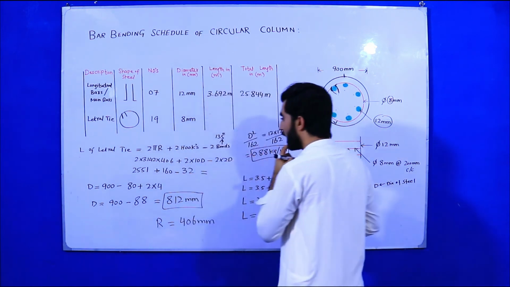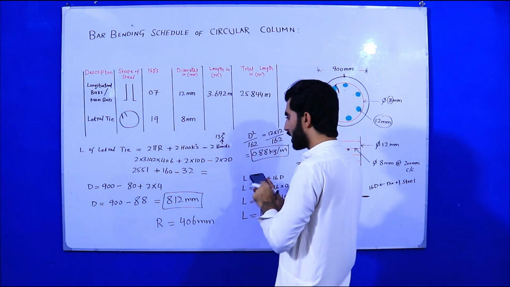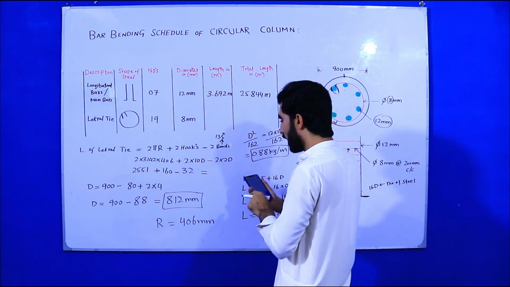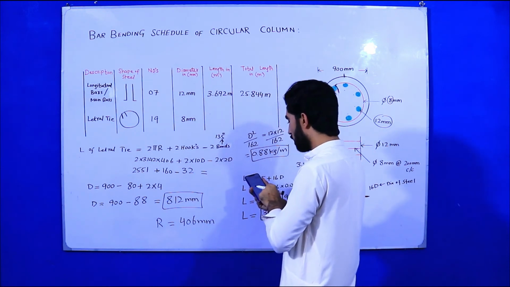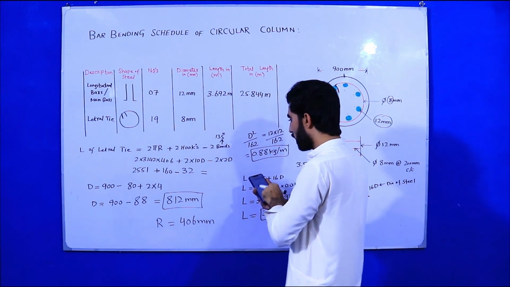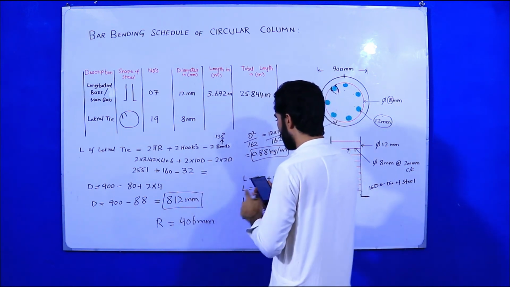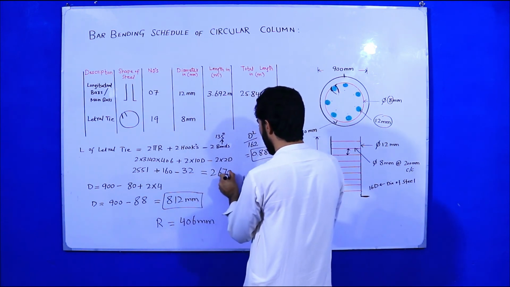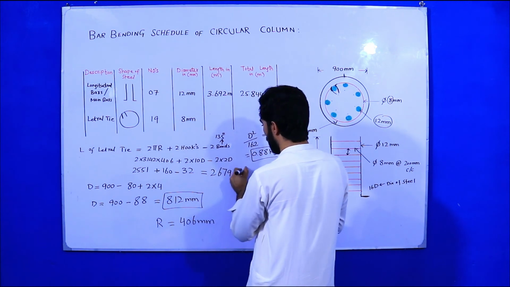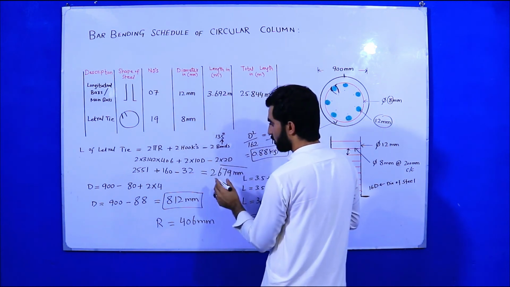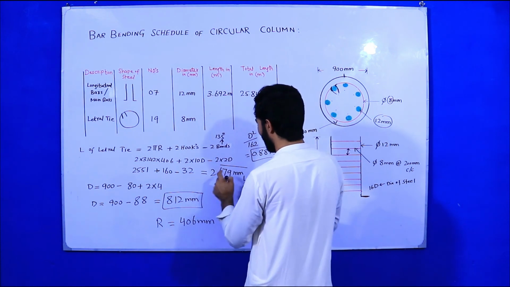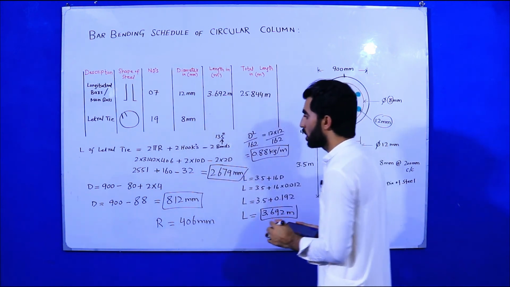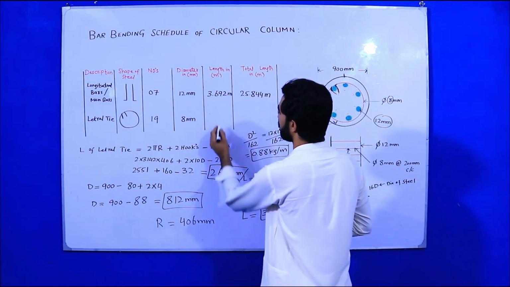So the actual length of the lateral tie is 2551 plus 160 for hooks, subtract bends, which is 32 mm. So it becomes 2679 millimeter, which is 2.679 meter.